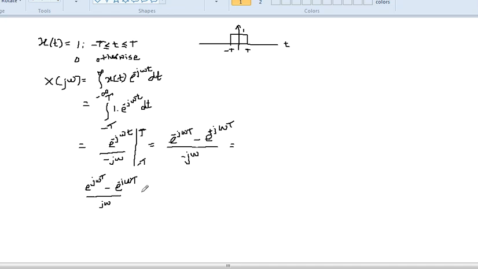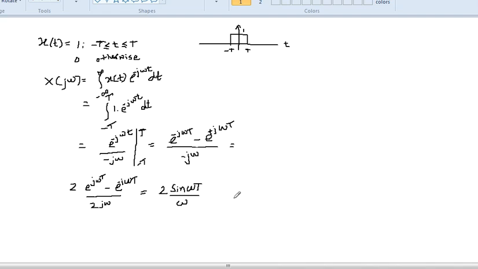Let me replace this by X of j omega. To write this as sine of omega T, we need 2j, so let's multiply here. This entire factor is multiplied by 2, so X of j omega becomes 2 sine of omega T, and in the denominator omega remains.